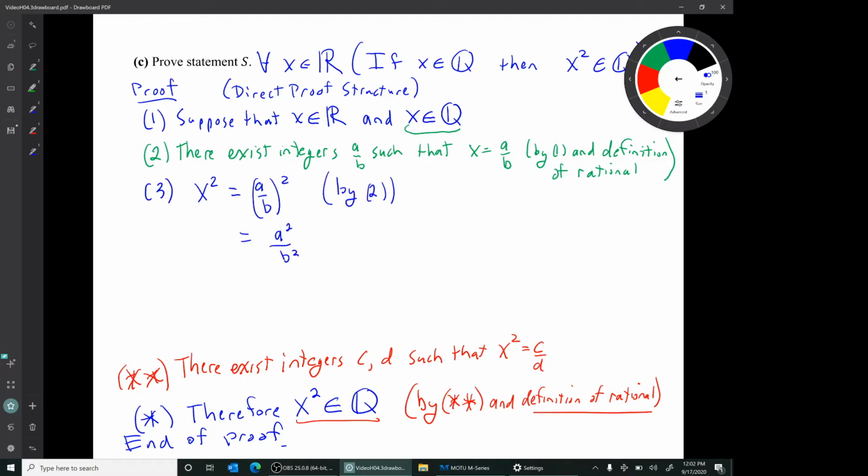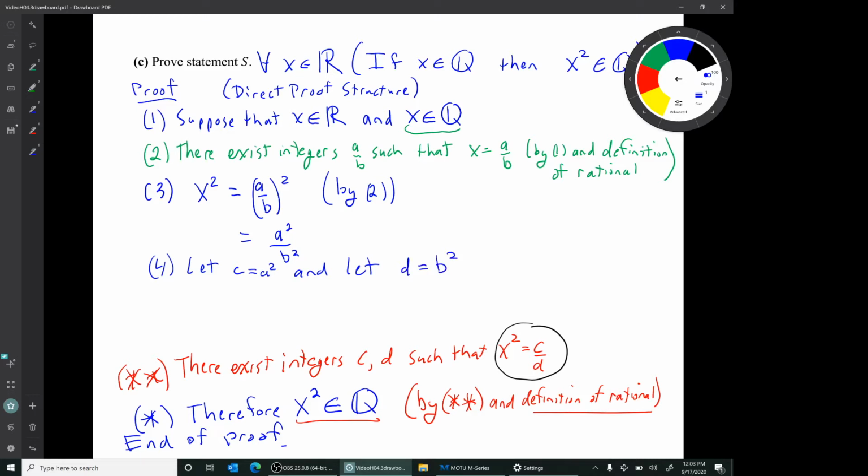Now look, we have an equation that says x squared equals a squared over b squared. We want to have an equation that says x squared equals c over d. So it's clear what we should do now. We should introduce letters c and d that will work. And we should say something more about c and d.